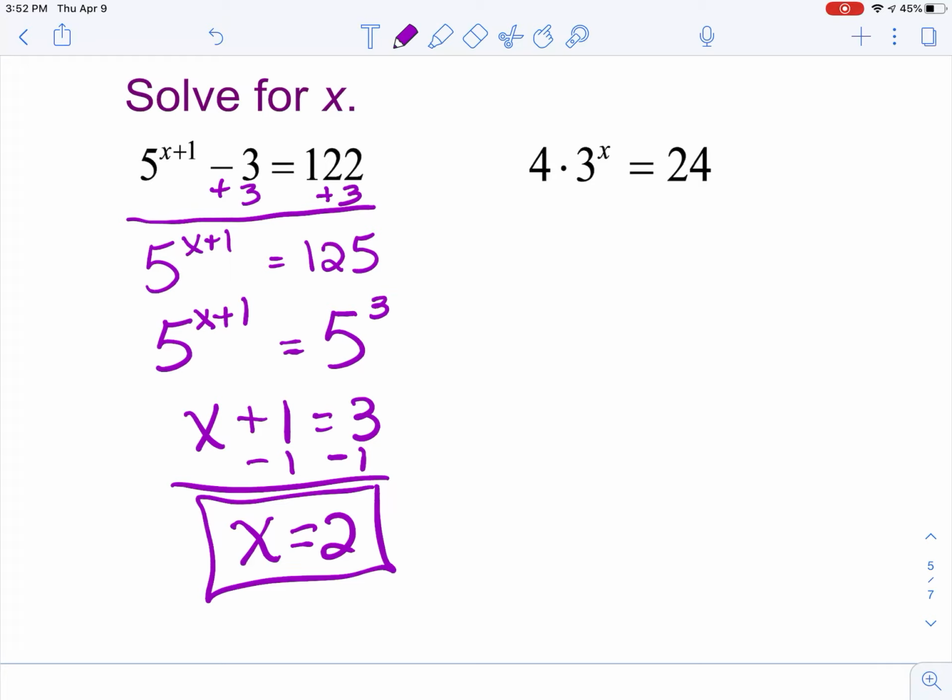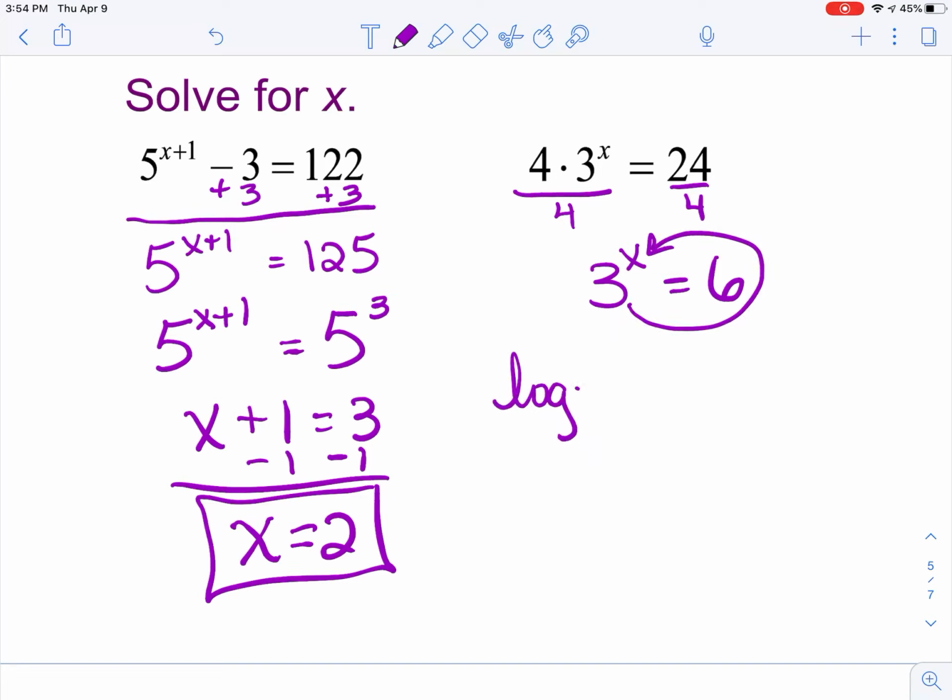Okay, last problem for the day. My base is 3. Is my base on one side by itself? No, it's not. So I need to get rid of that 4 times. To get rid of 4 times, I divide by 4. So 3 to the x equals 6. Can I make 3 and 6 have the same bases? The answer is no. So that means we're going to have to change it to a log problem.